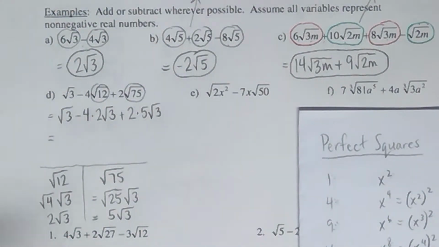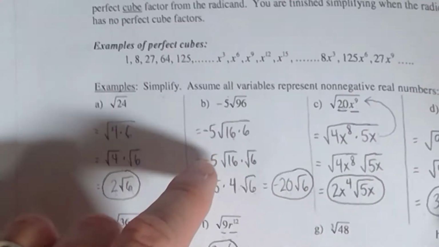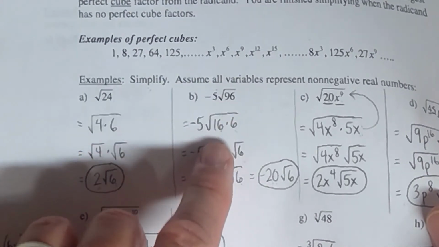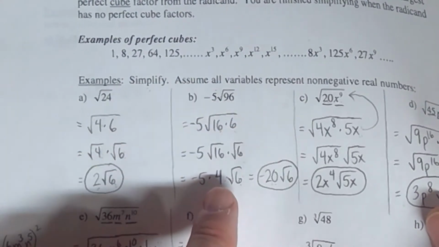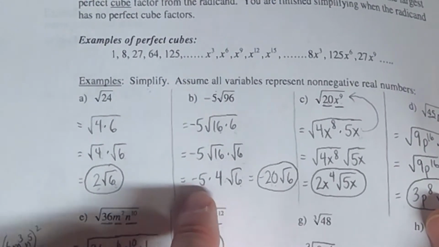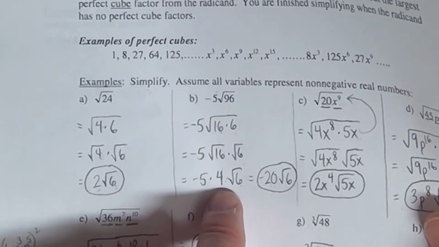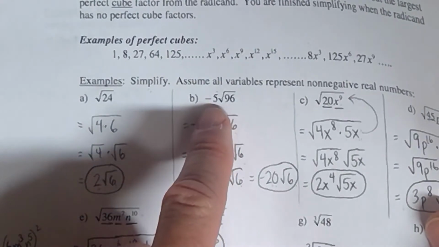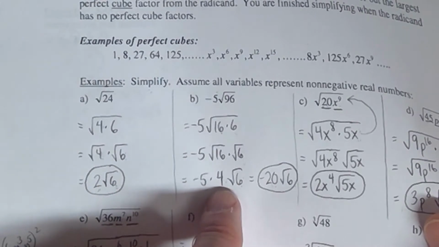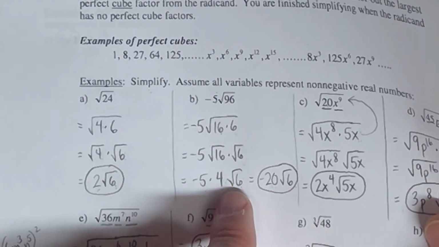Let me remind you back in the last section, when you have something that's already outside the radical, and then you simplify that radical right there so that now there's 2 outside parts. How do we do that? We multiply the 2 outside parts together. The old outside part that was originally there, minus 5, times the new outside part, 4, but we keep the radical the same there.